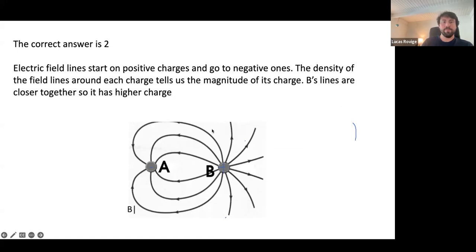And then for the amplitude of the two, we know that B is a stronger charge than A in amplitude because the field lines here are more tightly packed, so they are closer together, which means that it has a higher charge because of a higher electric field. And then for A, we see that they're farther apart, meaning that the charge is lower than B.